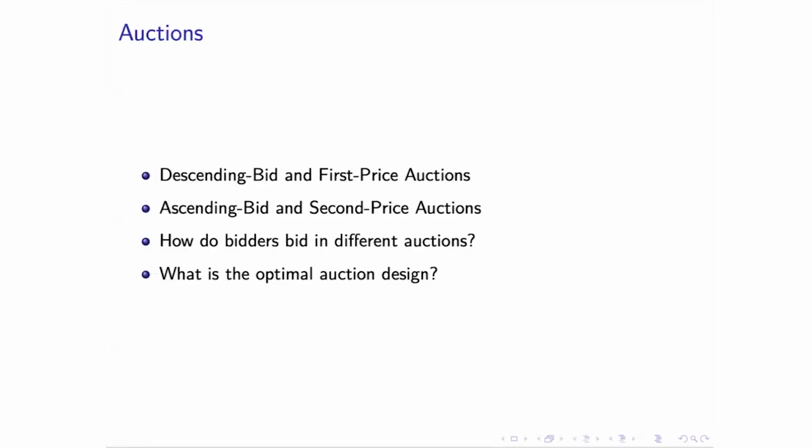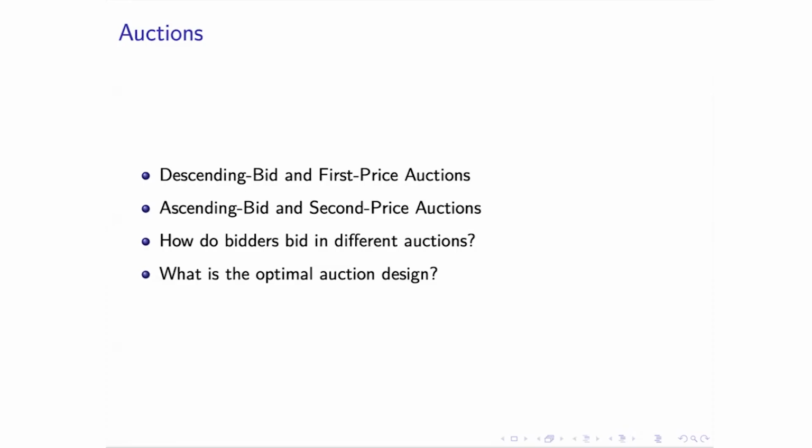But notice that this person has to pay a price just above the second highest bid, right? In fact, if the amount by which we were raising the bids was any real number, then the winner would be paying a price very, very close to the second highest bid. Now, this is very similar to the second price auction, right?